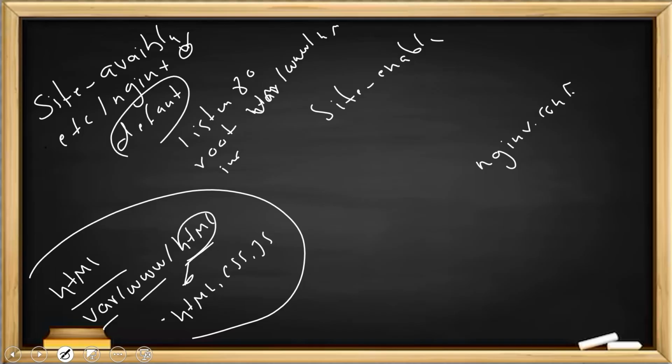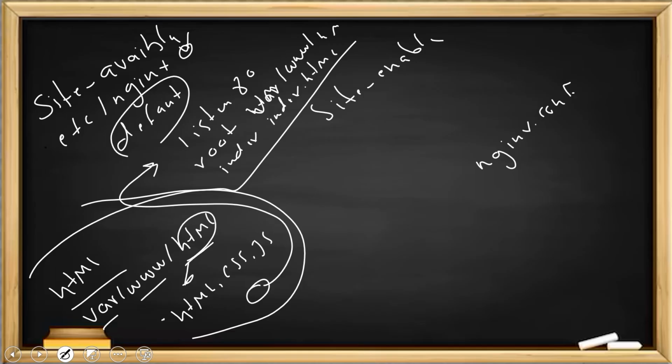The index is served by index.html. These are the configuration files for sites-available. This file has a connection with the default file for sites-available. Also, we have sites-enabled. These configurations are by default not active.